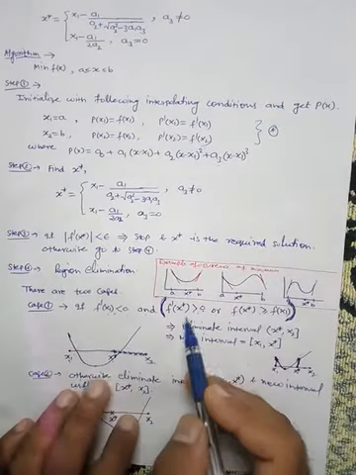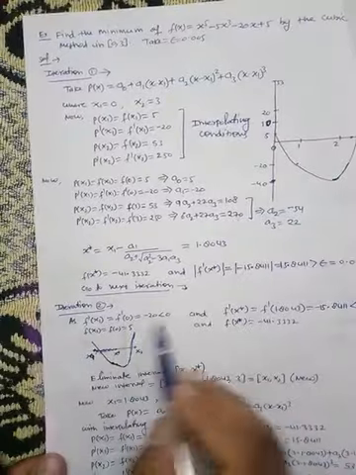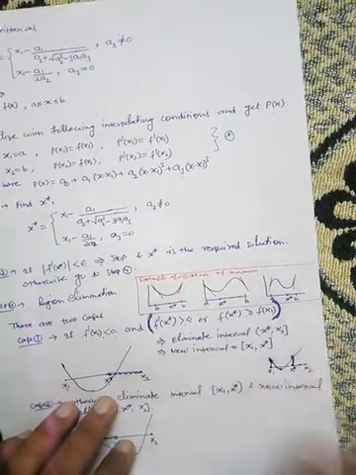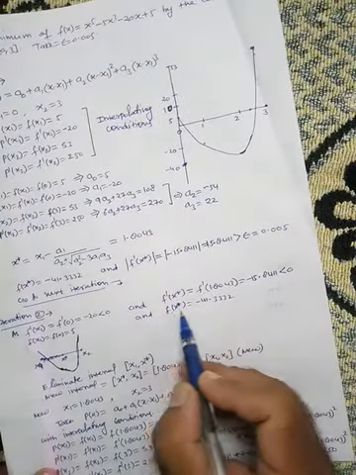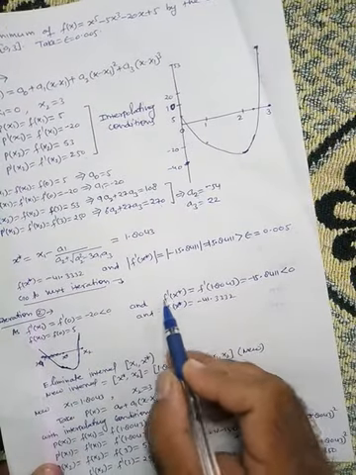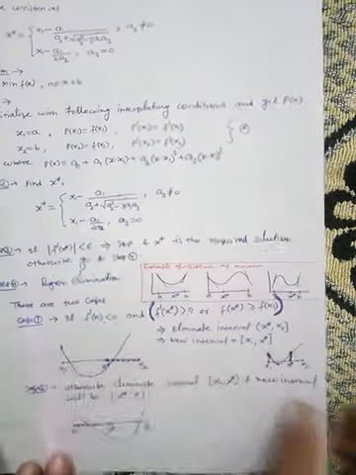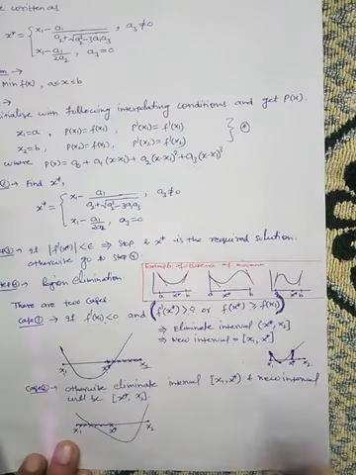So we have evaluated all these values. Based on this first condition, this condition is satisfied, this condition is satisfied. However, this condition is not satisfied: f dash x star should be negative, but here it is positive, so this is not satisfied. That's why we will have the second case.